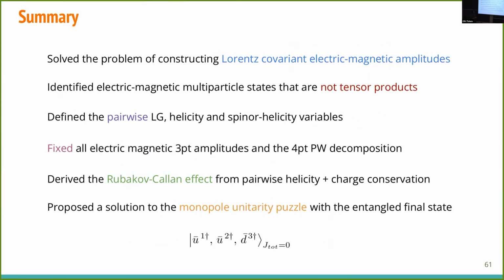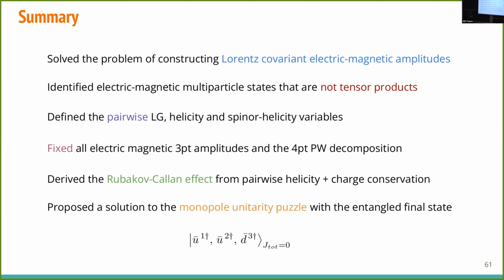square. So to summarize, we solved the problem of constructing a manifestly Lorentz covariant S matrix for charges and monopoles. We identified that electric and magnetic multiparticle states are not tensor products of single particle states. We also defined an extra quantum number associated with pairs of charges and monopoles. This is pairwise helicity.